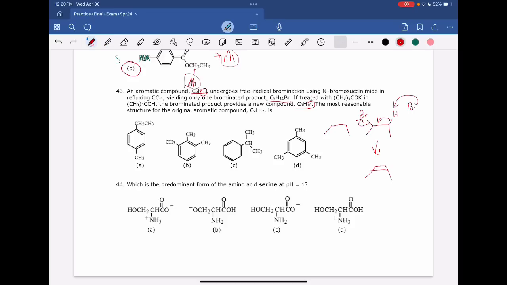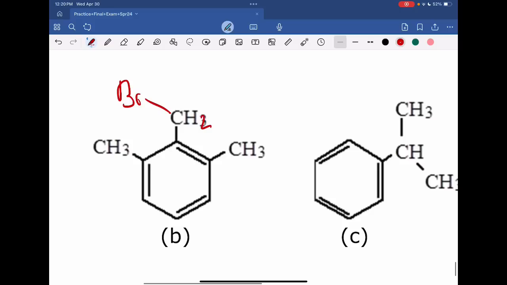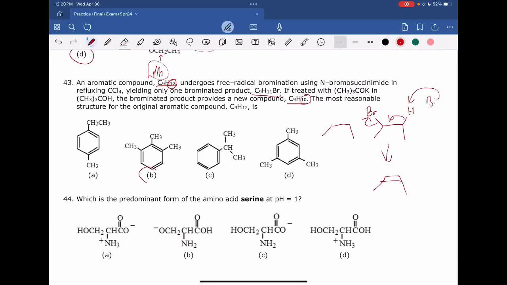But you can't do elimination in B and D. Because for B, if you get a bromine attached here, you need a hydrogen beta to it so that you can do elimination. So you would need a hydrogen here, but there are no H's there. There's no H that you can eliminate, nor here, nor here. So you can't do this. You could maybe add the Br, but not eliminate it. Same for D.